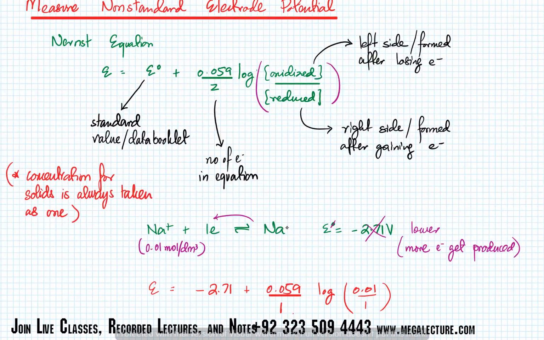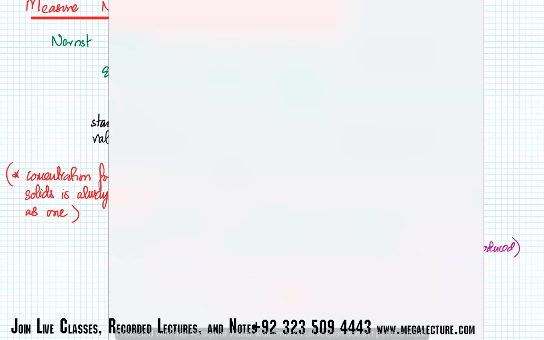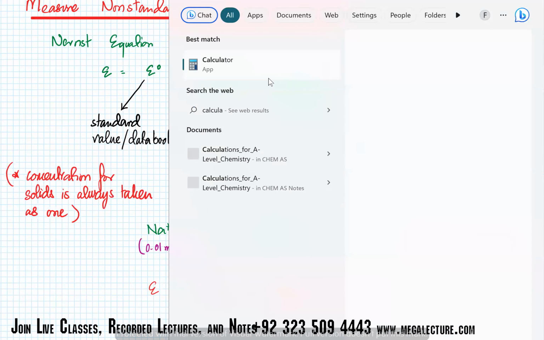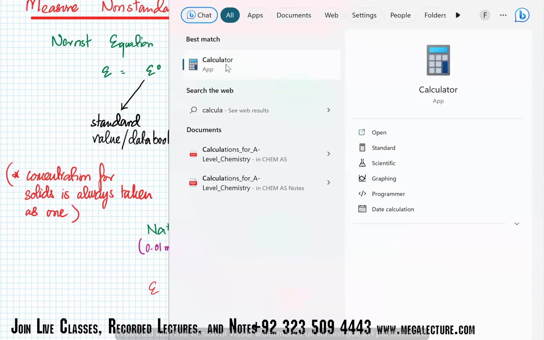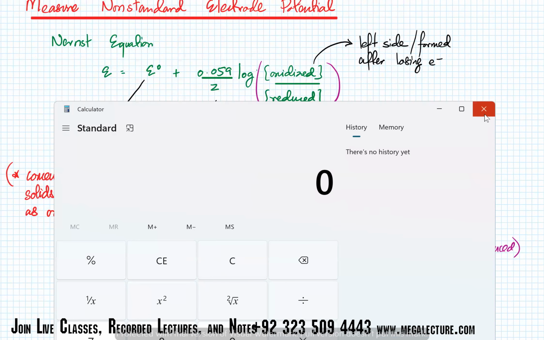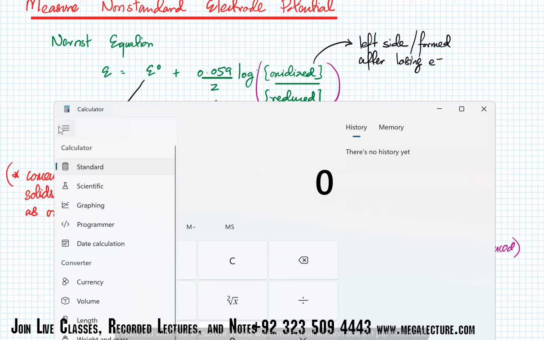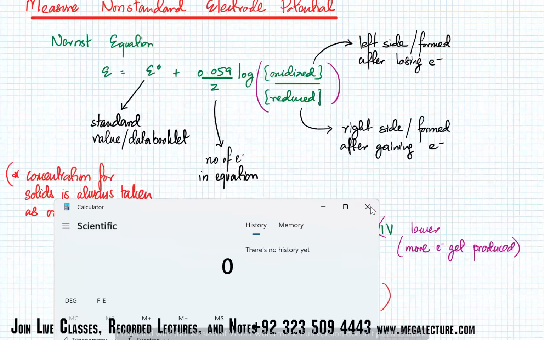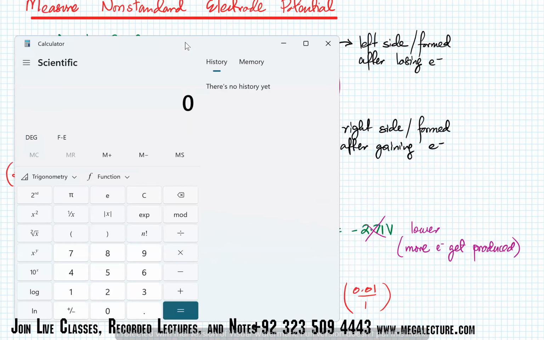Let me just find out whether I have a calculator here. This one doesn't have log. Okay, do I have it? Yes, the log is there.